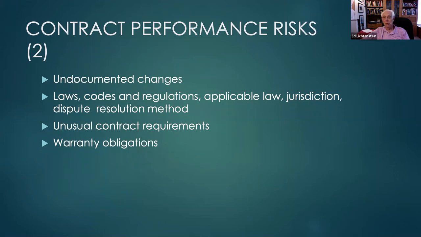What constitutes the defect? How soon it has to be reported in order for it to be corrected? How long the warranty is? How much is the correction obligated to do? And do they just have to fix the thing that went wrong, and you assume the rest of the cost?